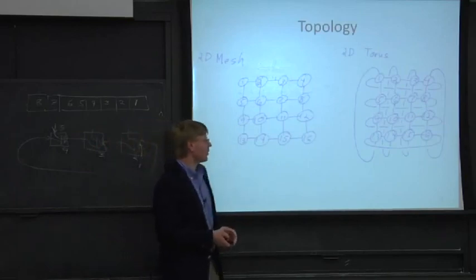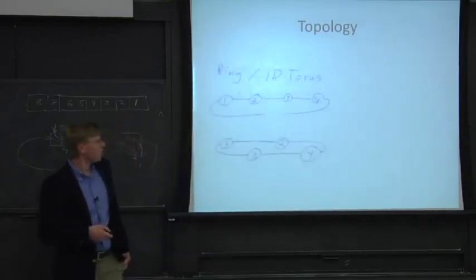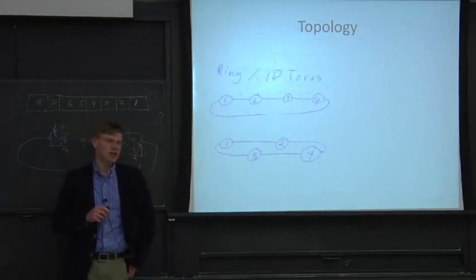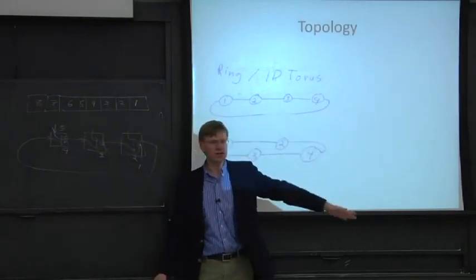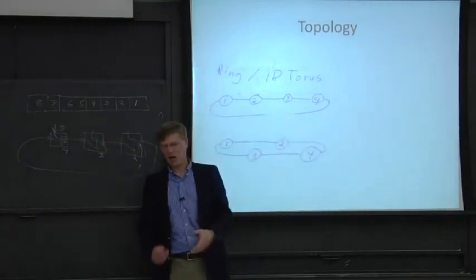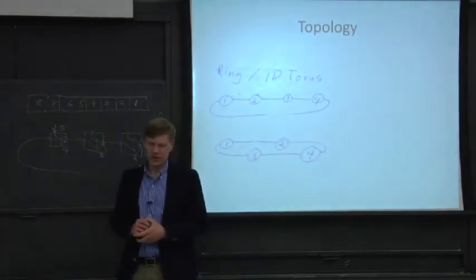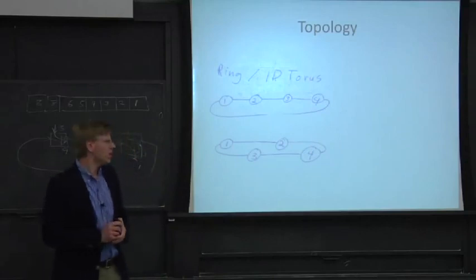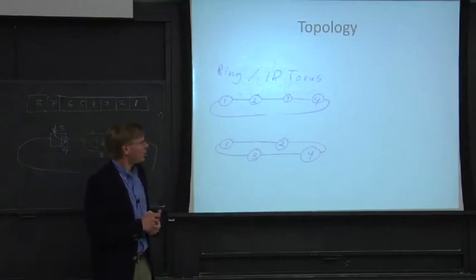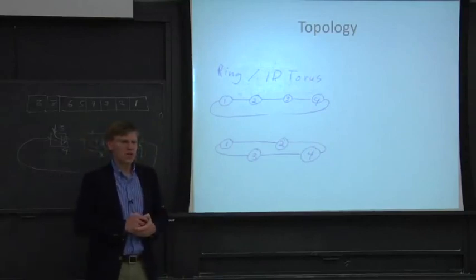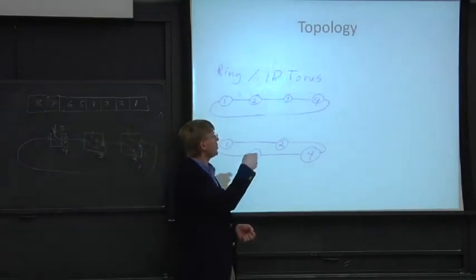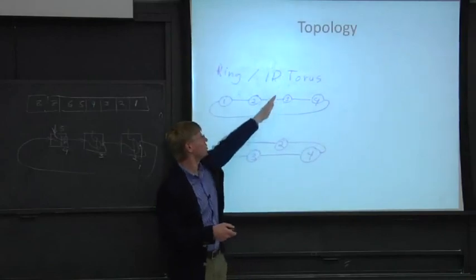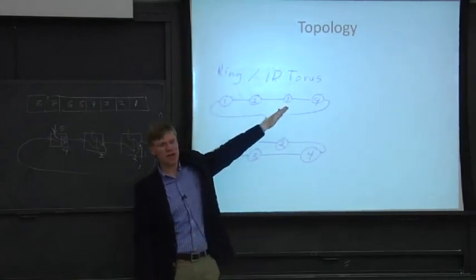OK, so before we go on, let's think about the limits of this. If we start to go to a 1,000 long torus, or 1,000 node 1D ring or 1D torus, unfortunately, the amount of bandwidth that you cut through, let's say, these 2 links here, does not go up as we add nodes.